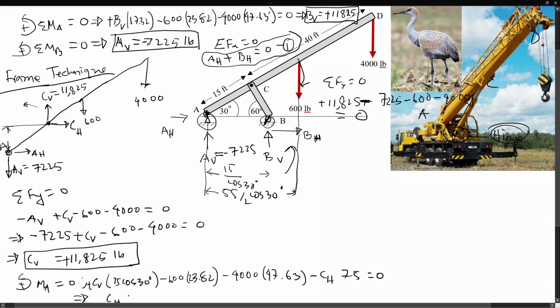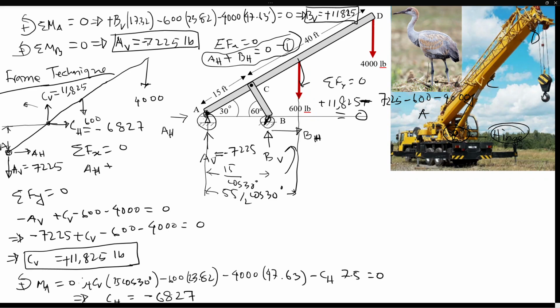I found CH is equal to minus 6827. So CH is equal to minus 6827. Now in the horizontal direction, if you do summation of Fx equal to 0, you have AH plus CH equal to 0, then AH plus negative 6827, things sum to 0.